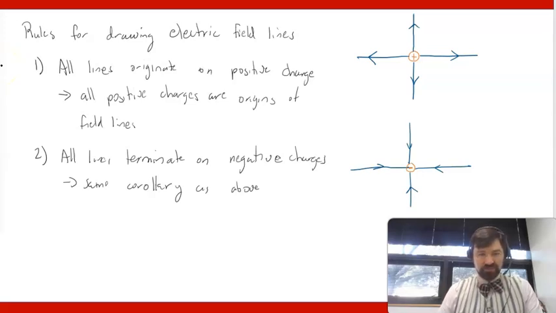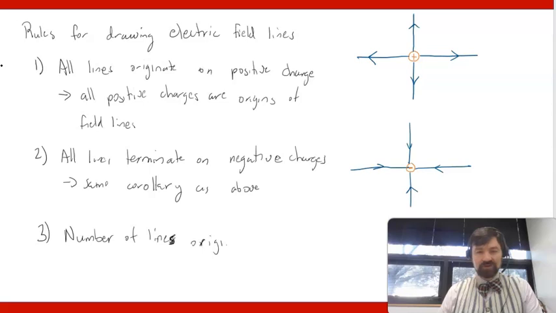Next rule, rule number 3: the number of lines originating on a charge has to be linearly proportional, or directly proportional, to the amount of charge.